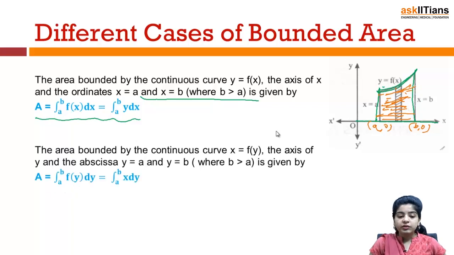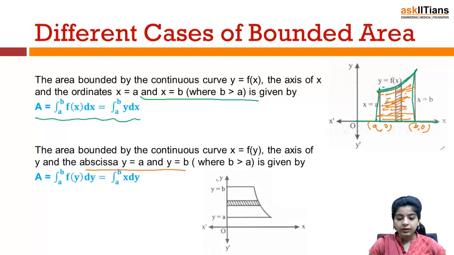And corresponding to this, now suppose we have to find out the area bounded by the continuous curve x equal to f(y), the axis of y, and the abscissa y equal to a and y equal to b. Now see, suppose this is the curve, this is y equal to b, this is y equal to a, it's given b is greater than a.